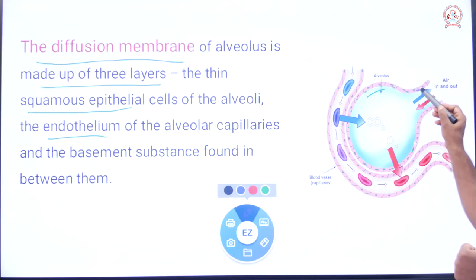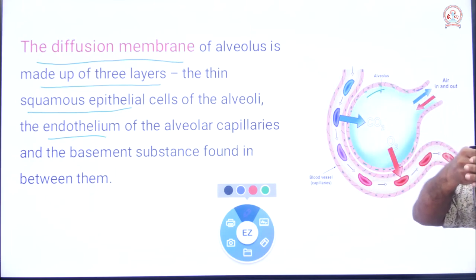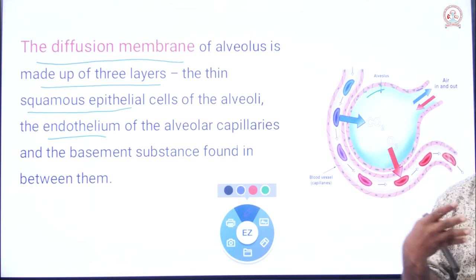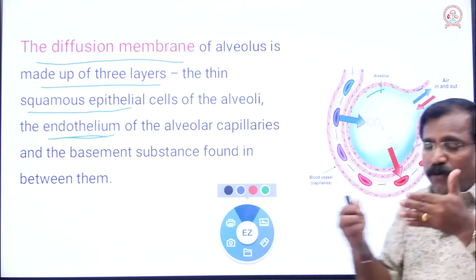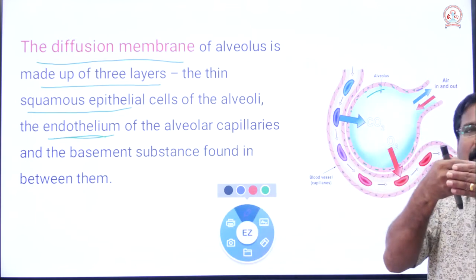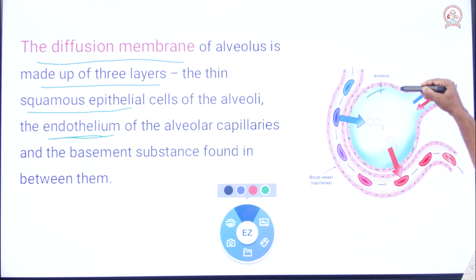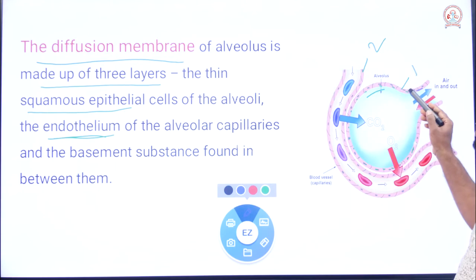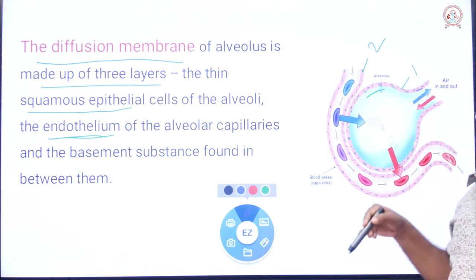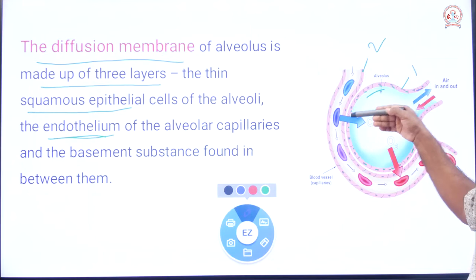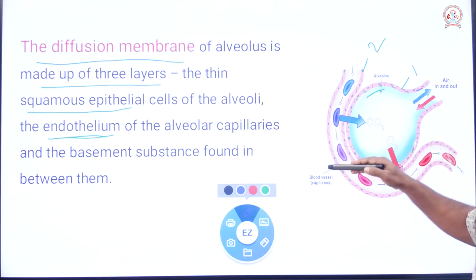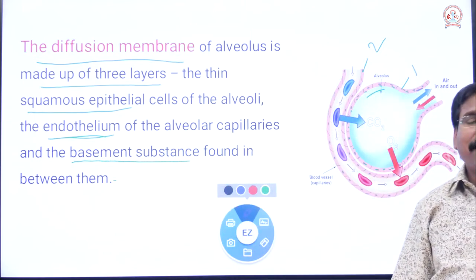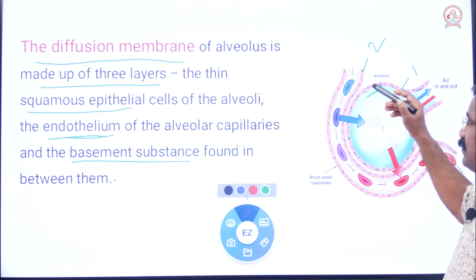So the squamous epithelium of the alveoli forms one lining, one layer, and the layer of the blood capillaries, the endothelium, forms another. Between these two, the squamous epithelium of the alveoli and the endothelium of the blood capillaries, there is a basement membrane, or basement substance.